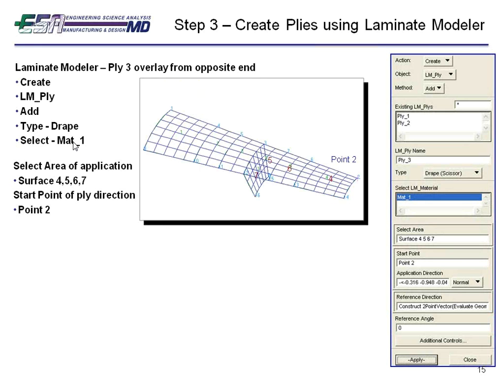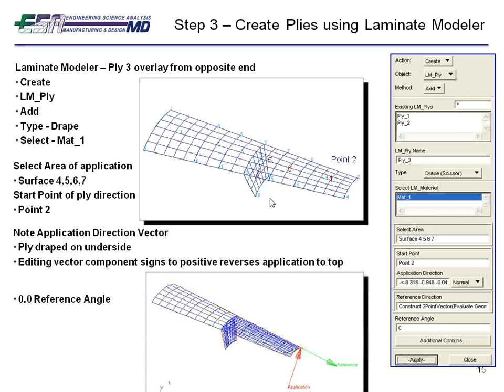In this case, we're going to select surface 4, 5, 6, and 7, which is on the opposite side, and we're going to apply it on the underside also. Here. Reference angle is going to be 0, and all the other inputs are obvious. So we're applying that ply on the underside as indicated here.